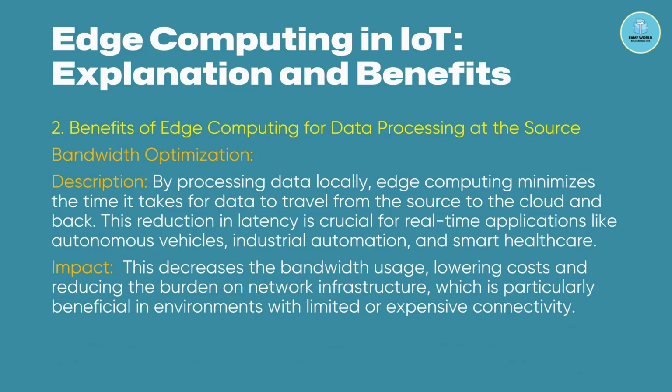Bandwidth usage is decreased, lowering the cost and reducing the burden on the network infrastructure, which is particularly beneficial in environments with limited or expensive connectivity. Where connectivity is limited or equipment is expensive, we need the bandwidth to be optimized. Otherwise, there will be wastage of resources, so you have to take care that resources are not getting wasted.